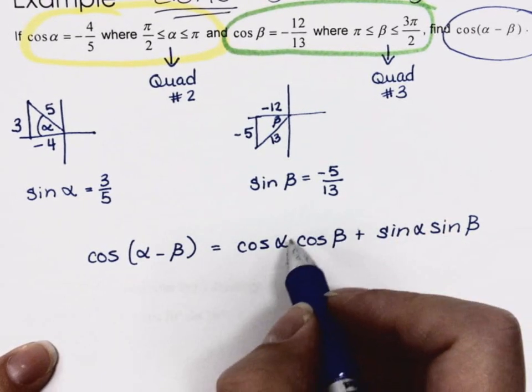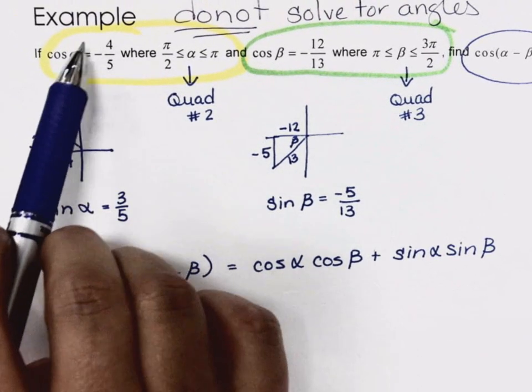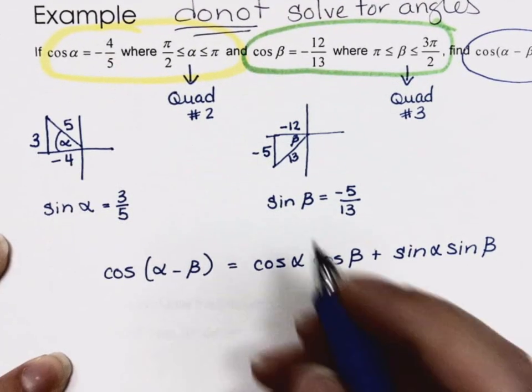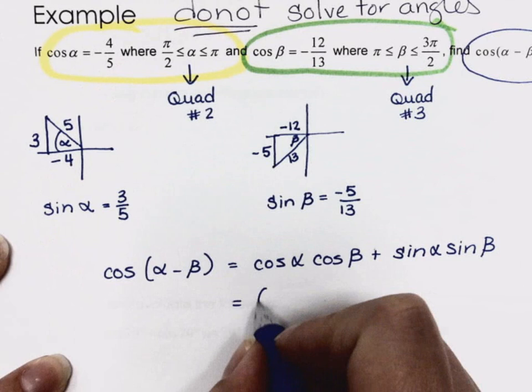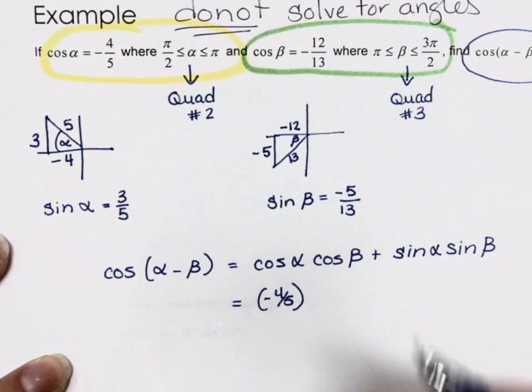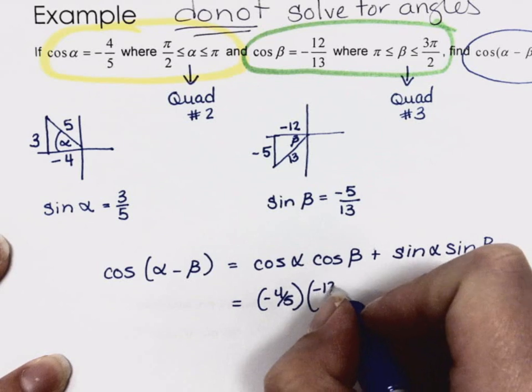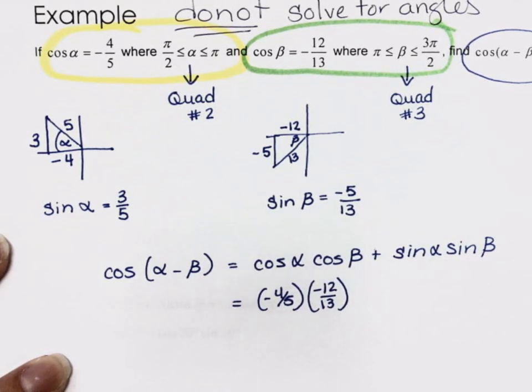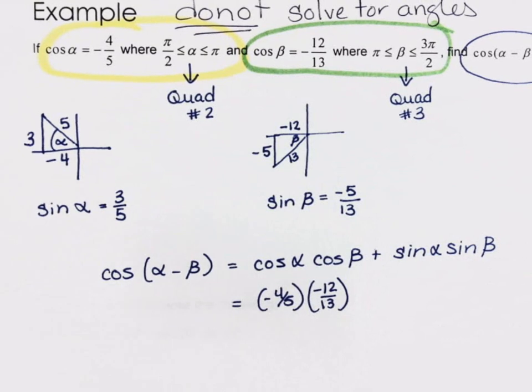You know what cos alpha is. It's in the question. Cos alpha has a value of -4/5. So we're replacing cos alpha with -4/5. Cos beta we know to be -12/13. Okay, so we already know these values.